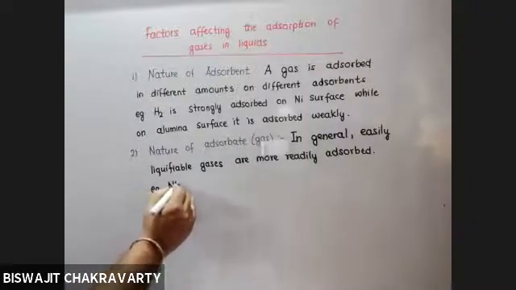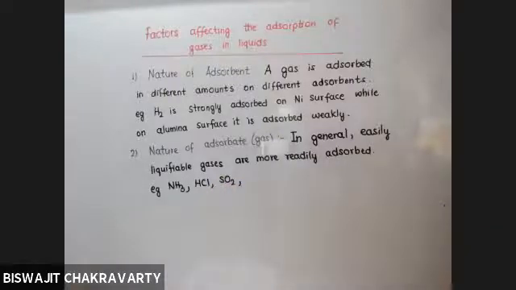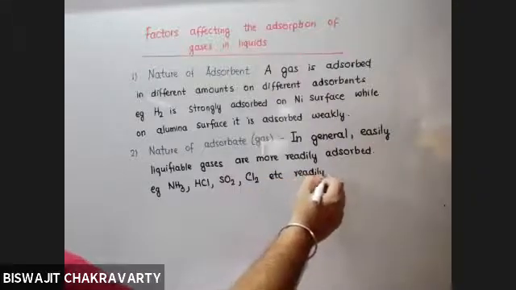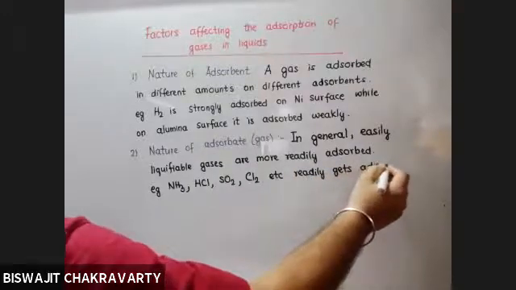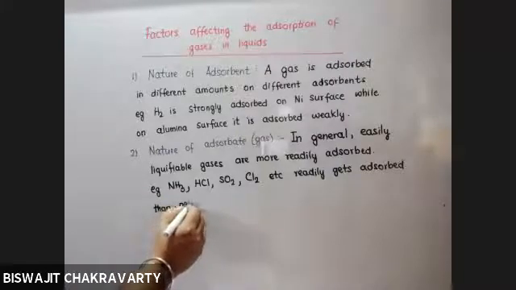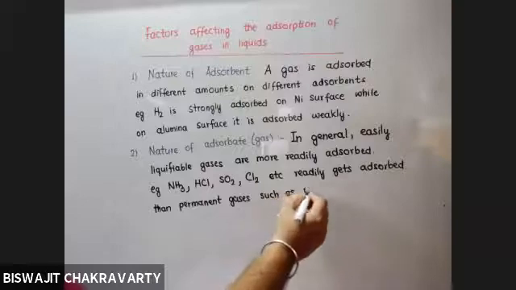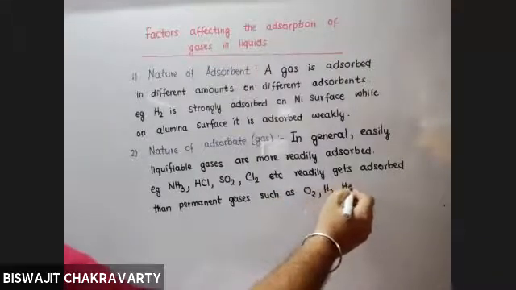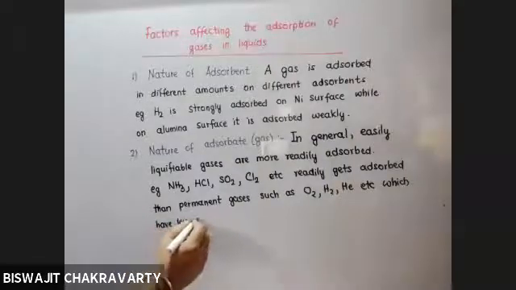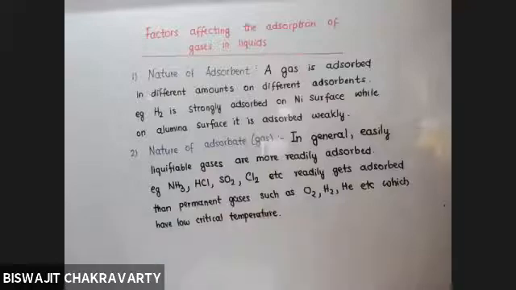As for example, NH3, HCl, SO2, Cl2, etc. readily gets adsorbed than permanent gases such as O2, H2, helium, etc., which have low critical temperature.